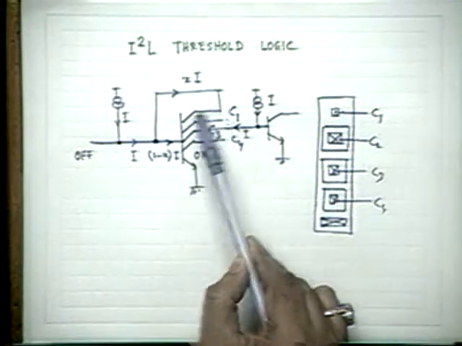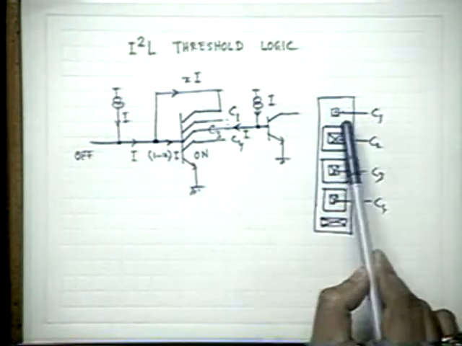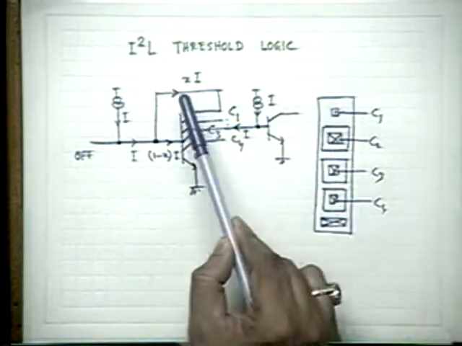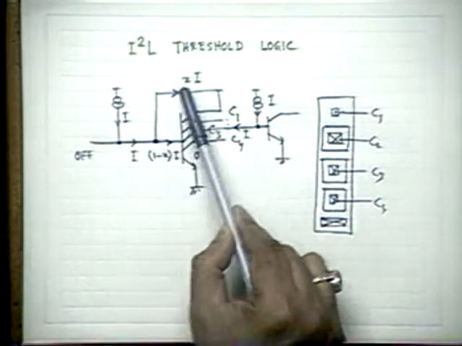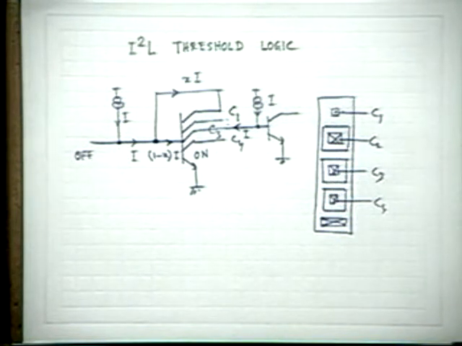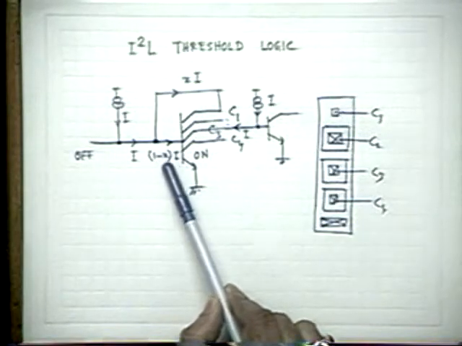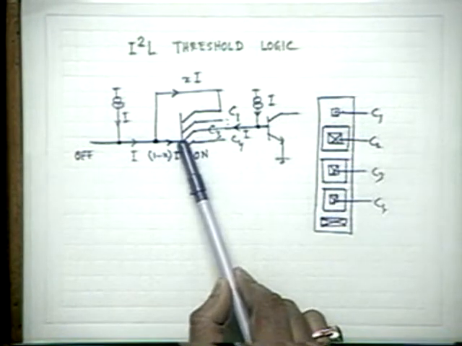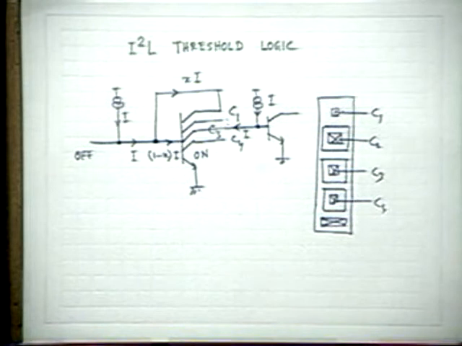As you short circuit the collector and the base, in spite of the fact that this collector is extremely small in area, it will take most of this I. Not the full I, most of the I. Maybe X is equal to 0.9. Then what is the value of 1 minus X? 0.1. So what is the effective beta value? Then IC by 0.1 I.